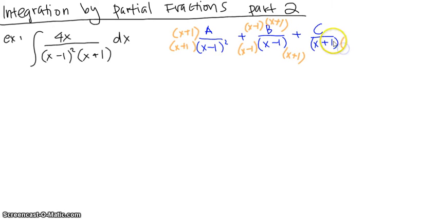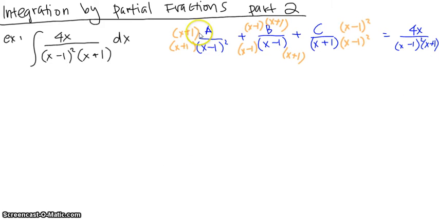This one only has a factor of x plus 1. It's missing factors of x minus 1 squared. So x minus 1, the whole thing squared. Okay? This will become the proper decomposition, and we want that to equal 4x over x minus 1 squared times x plus 1.